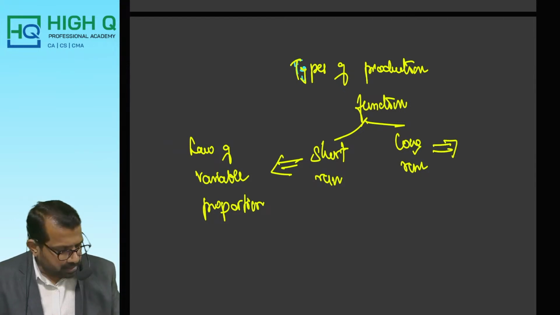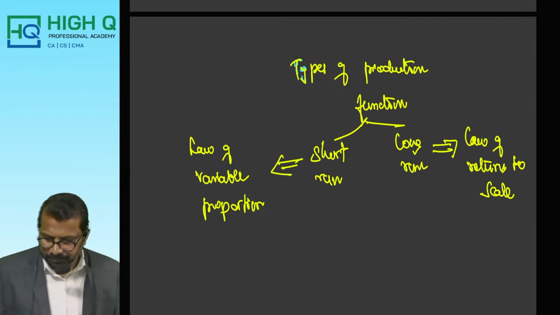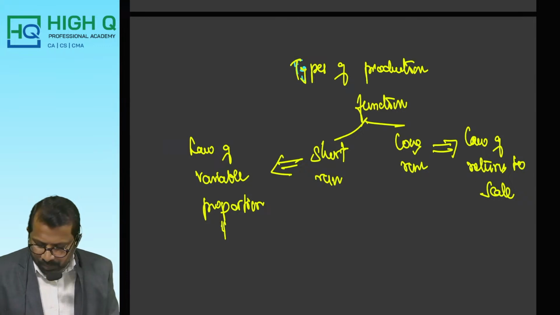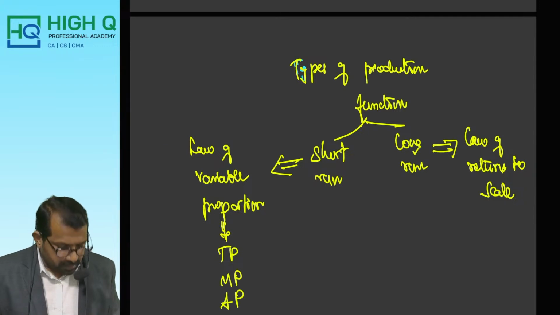Long run: law of returns to scale. In the law of variable proportion, there are total product, marginal product, and average product.